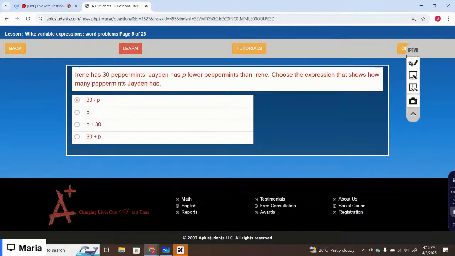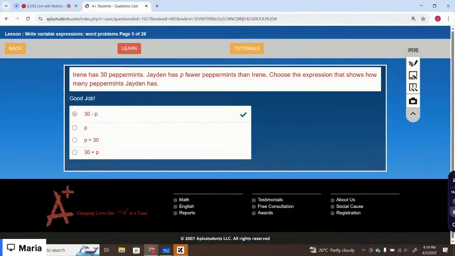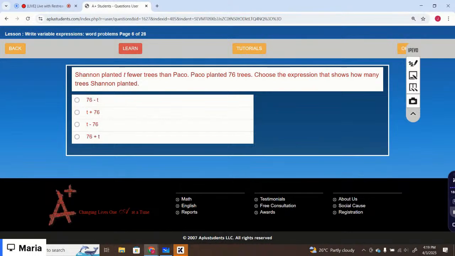Okay. The next one is Shannon planted 50 trees and Paco planted 76 trees. Choose the expression that shows how many trees Shannon planted. So which is the correct option?